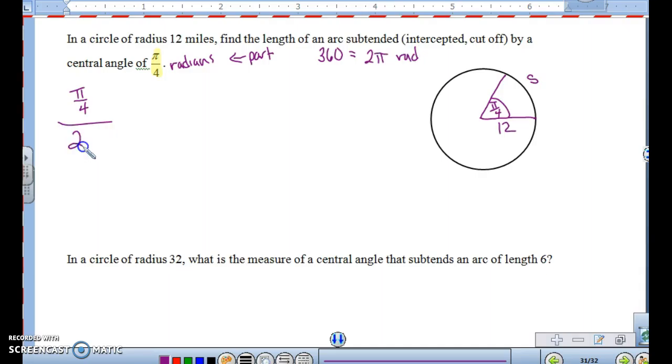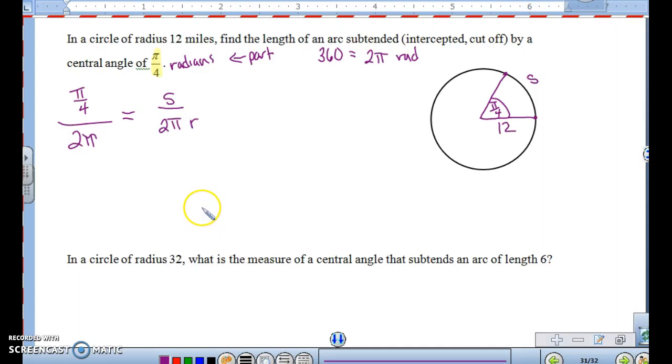So we would put 2 pi here. Part, whole. The central angle compared to the whole, equals. Now if we're looking for the arc length, that would be S, as part of the whole circumference. Remember, that's 2 pi r.